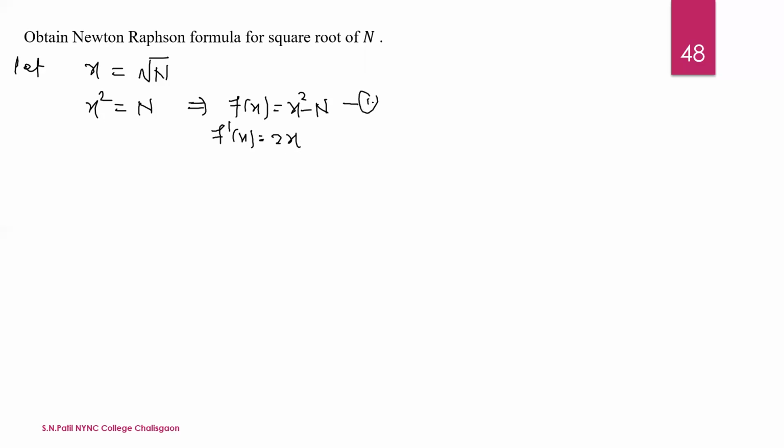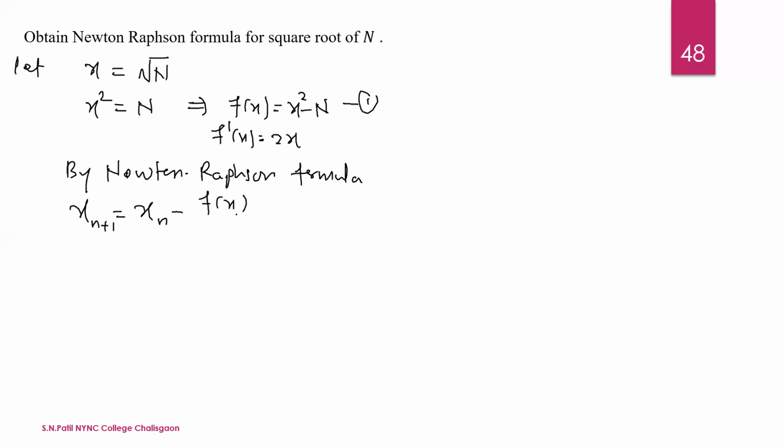See equation number 1. Now by the Newton-Raphson formula, x suffix n plus 1 is equal to x suffix n minus f of x divided by f dash.